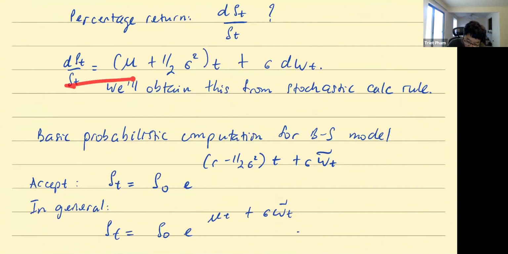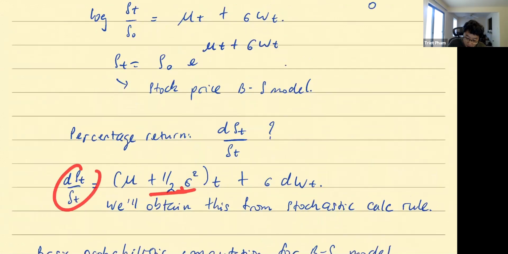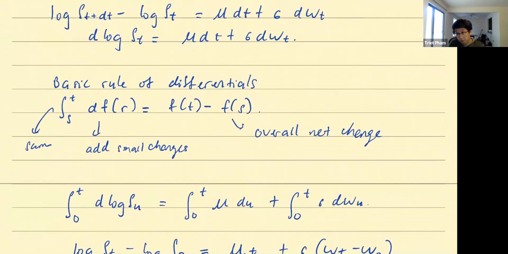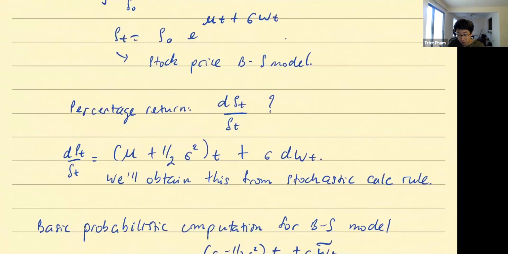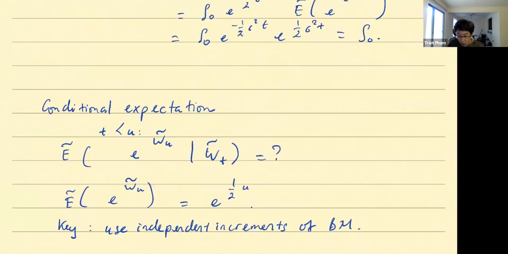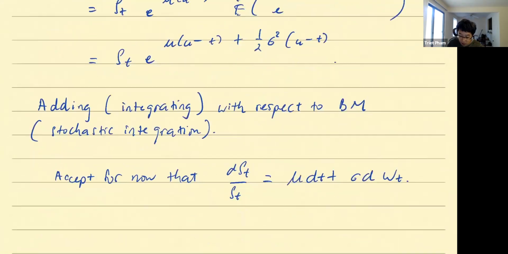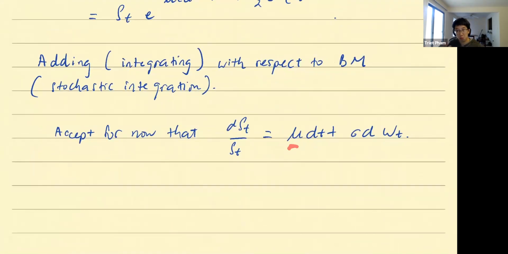In other words, I said that the percentage return must have this factor, because in comparison with the log return, it's not the same. But in what I'm going to discuss below, what I'm interested in is the aspect of stochastic calculus. So I just use the same letter mu.